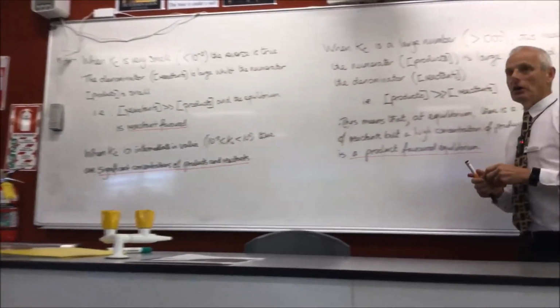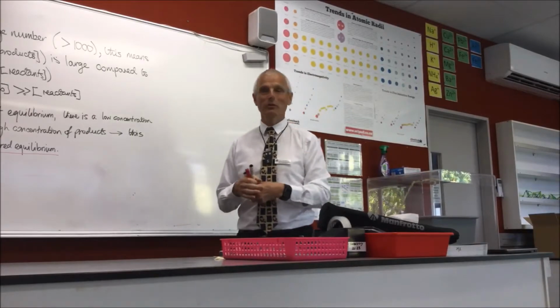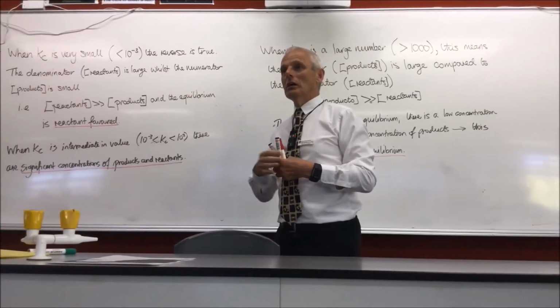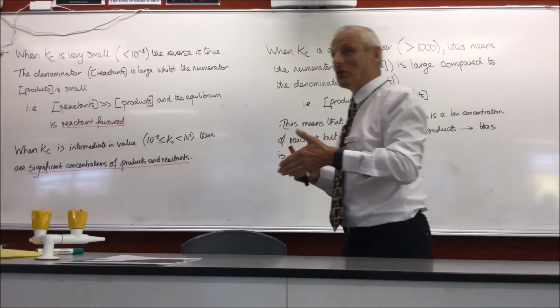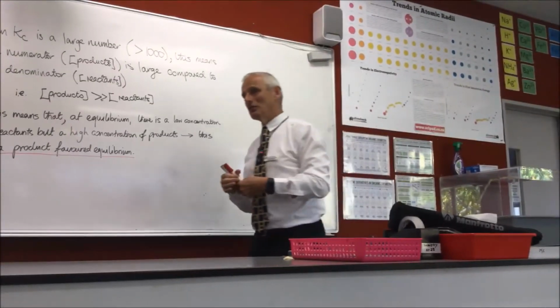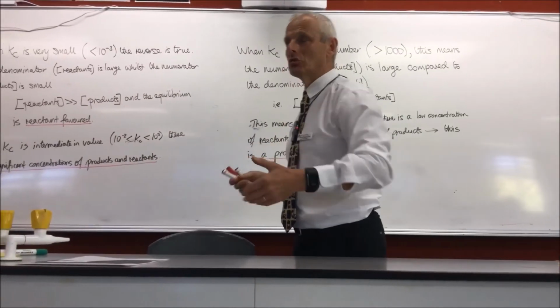So it's not favouring either. Well, it depends. Slightly favouring, whatever that means. Okay. Now, although I'm giving you some values here, it's not sort of an abrupt cut-off. It's very difficult to say when something becomes suddenly very much a reactant-favoured equilibrium and which one is only slightly favoured. It's more continuous.